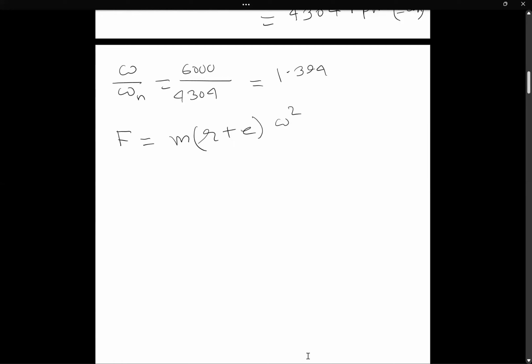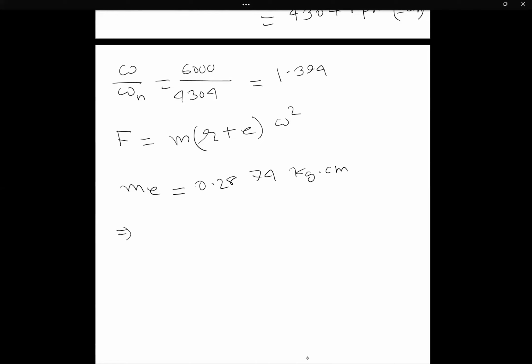So we need to find both the eccentricity and the deflection R. In the question it was given that M E was equal to 0.2874 kg centimeter. So E would be 0.2874 divided by 14.38. So the value of E is 0.02211 centimeter.